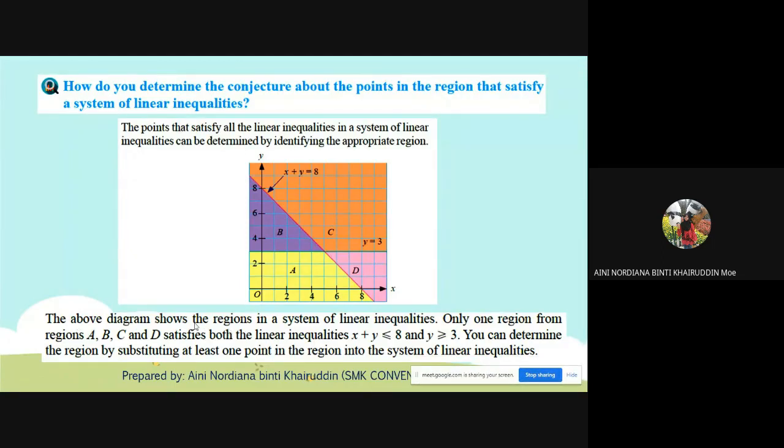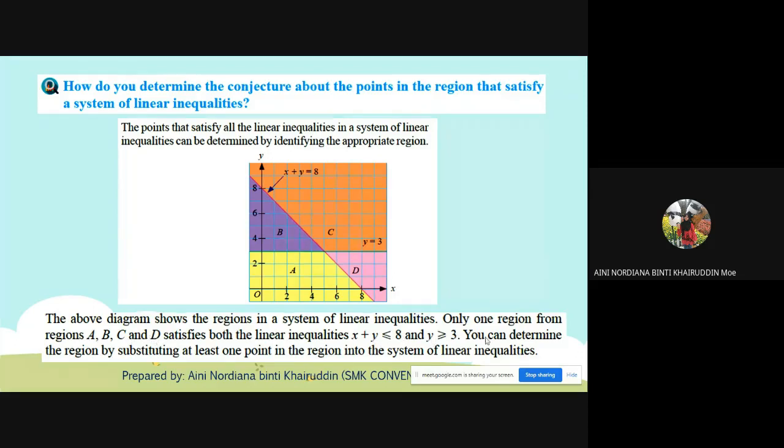The region above shows a system of linear inequalities. Only one region from A, B, C, and D satisfies both the linear inequalities x plus y less than or equal to 8 and y greater than or equal to 3. From A, B, C, D, only one region satisfies these two.